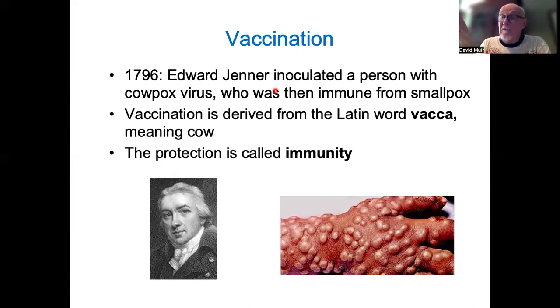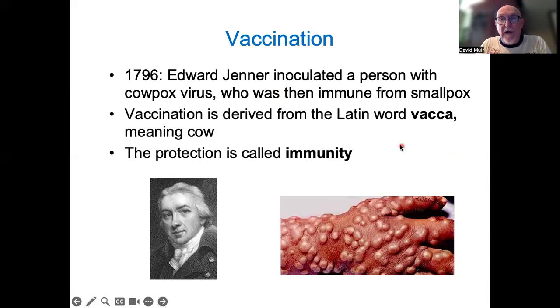When they have seen cowpox, they develop immunity, the body develops immunity. And the antibodies that we produce to cowpox can neutralize the actual smallpox viruses if ever that person is exposed to smallpox. So Jenner began to do this deliberately.